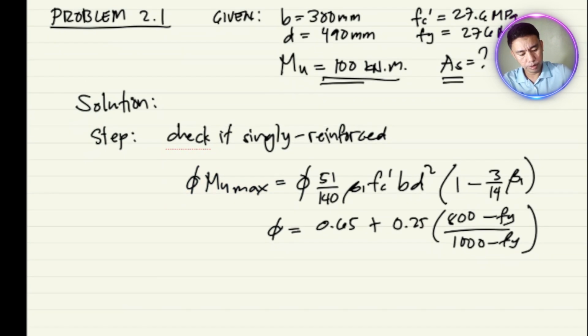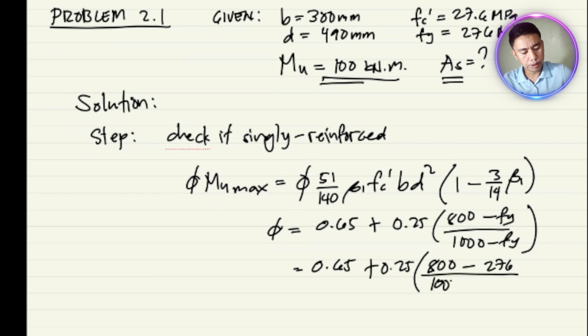So let's solve this one. 0.65 plus 0.25 times 800 minus fy, which is 276, over 1000 minus 276. This will result to 0.831. So this is our phi.